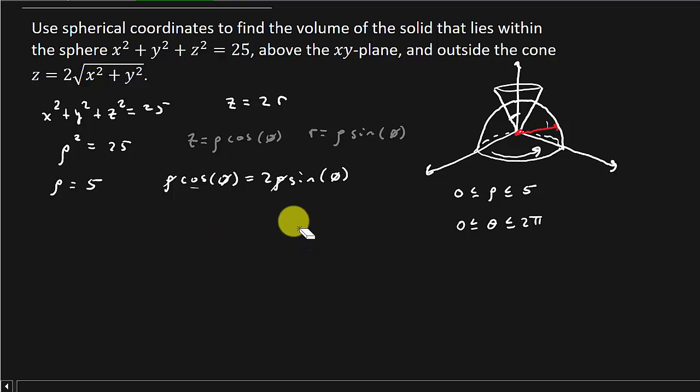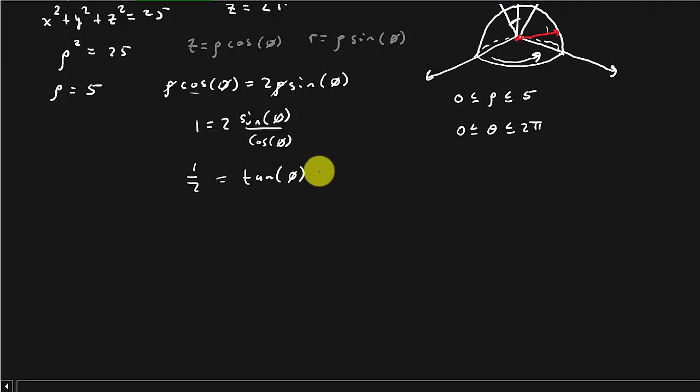Well, I'll tell you what, let's do this. Divide everything by cosine. So we're going to get 1 equals 2 sine phi over cosine phi. So divide everything by 2, 1/2 equals, and sine over cosine is tangent. So that tells us that phi is equal to inverse tan of 1/2.